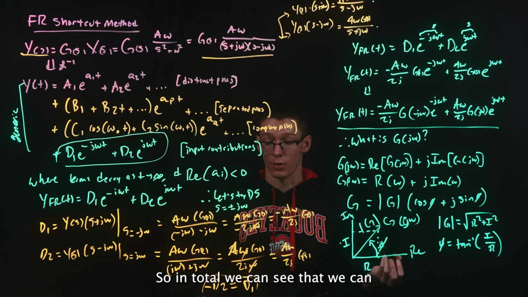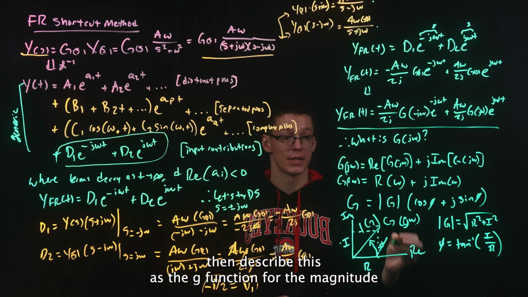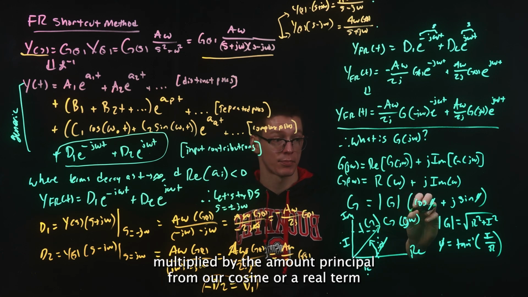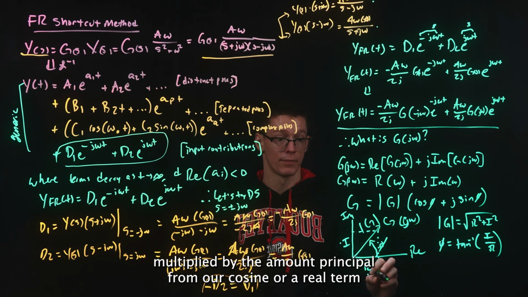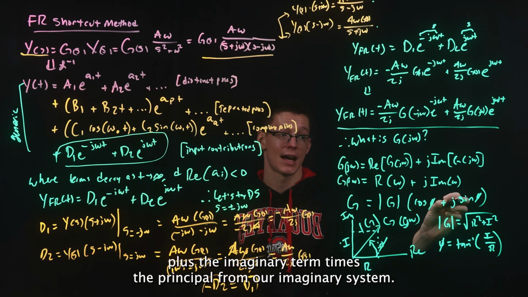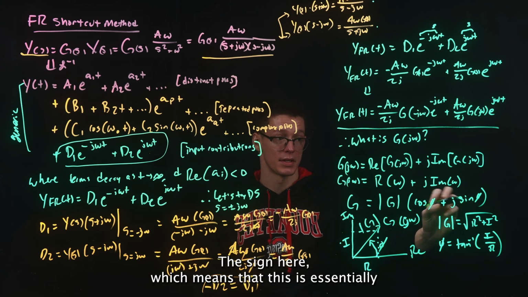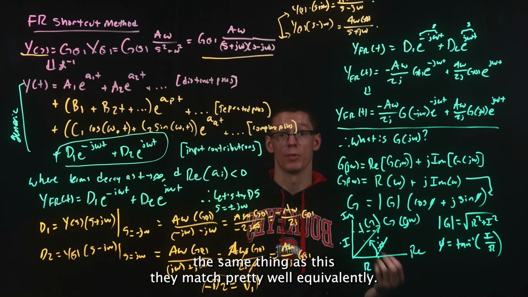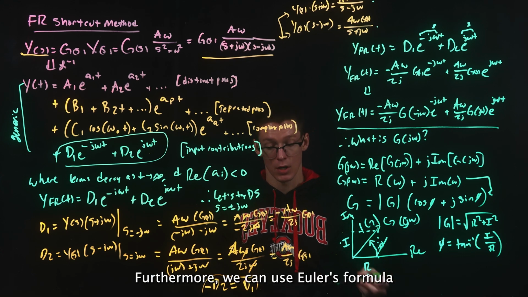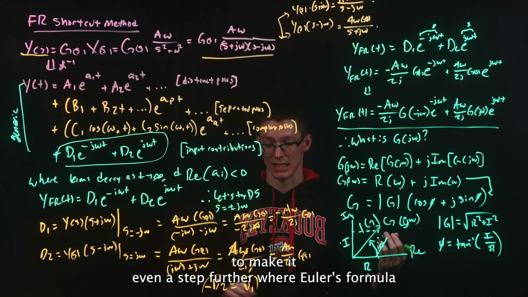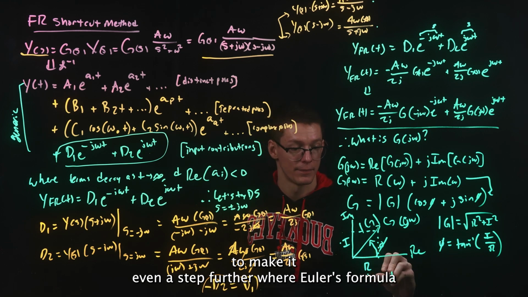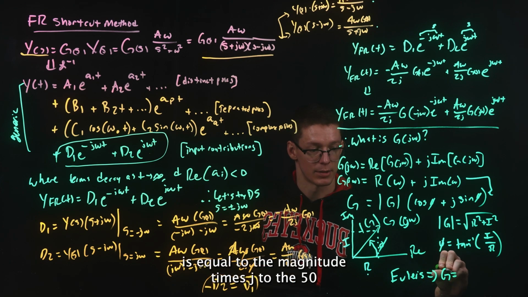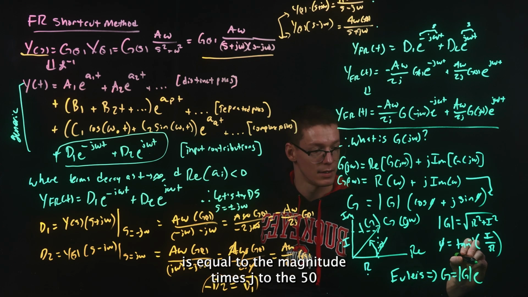And so in total, we can describe this as the g function for the magnitude multiplied by the amount principled from our cosine or our real term plus the imaginary term times the principled from our imaginary system, the sine here, which means that this is essentially the same thing as this. They match pretty well equivalently. Furthermore, we can use Euler's formula to go a step further, where Euler's formula is going to essentially say that g is equal to the magnitude times e to the j phi.